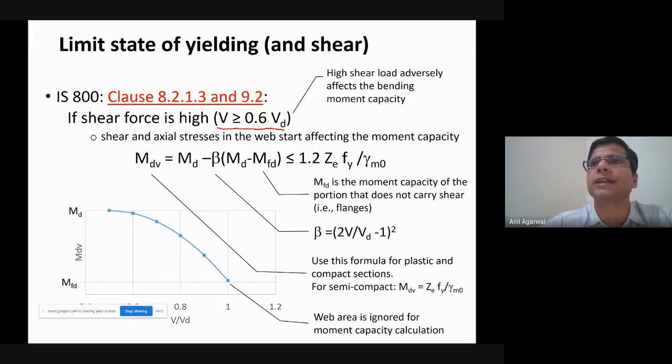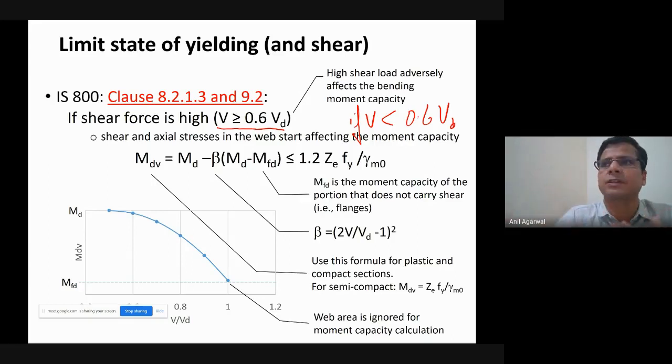As long as your shear demand is less than 60% of VD, your web and flange can be considered as fully contributing towards flexure, and you don't have to worry about shear interfering with moment capacity. So your moment capacity will be unaffected by shear if V is less than 60% of VD. Okay. Shear demand is less than 60% of shear capacity, then your moment capacity will be unaffected.